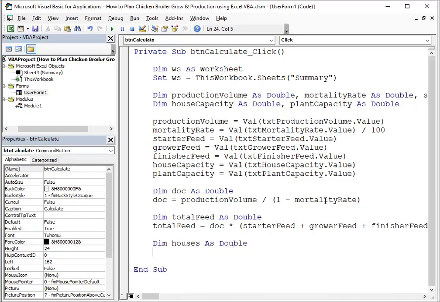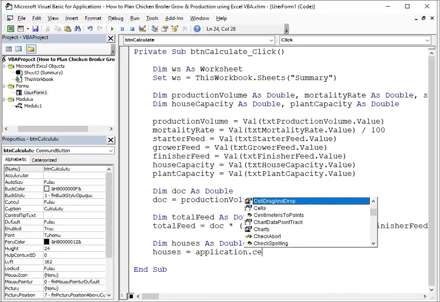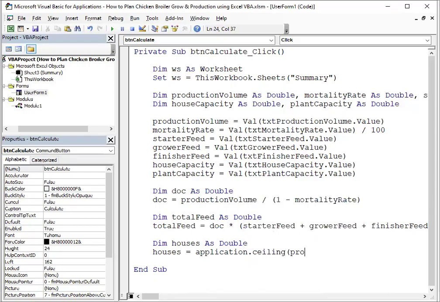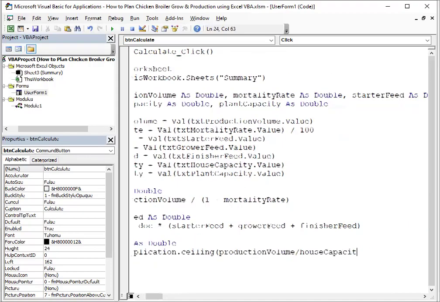Then houses equals Application.Ceiling, production volume slash house capacity, comma 1, then close.